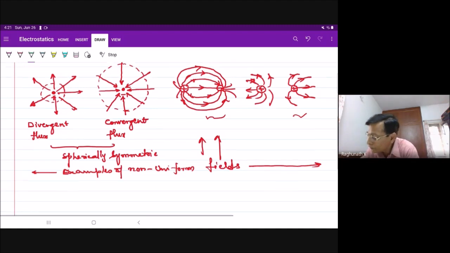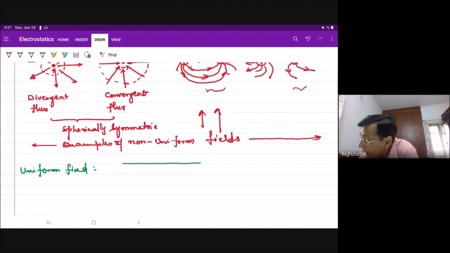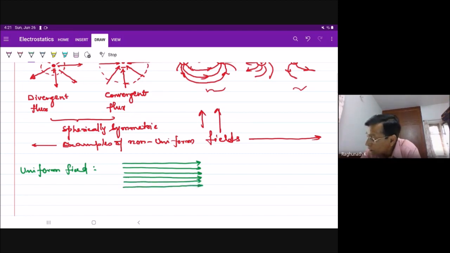Now, uniform field is one in which the distance between the flux lines and the direction is same everywhere, because of which this is represented by a set of parallel lines.